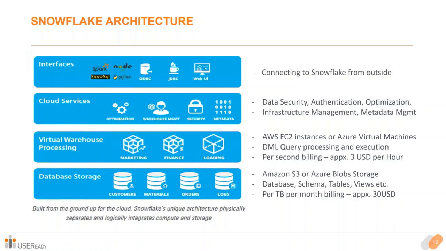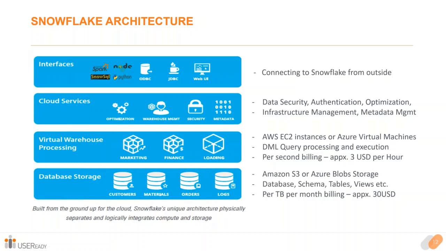The interesting thing here is that in Snowflake, we have separated the database storage and query processing tier. If we compare this to any other database available right now, everything is combined together. It's kind of a shared nothing architecture.